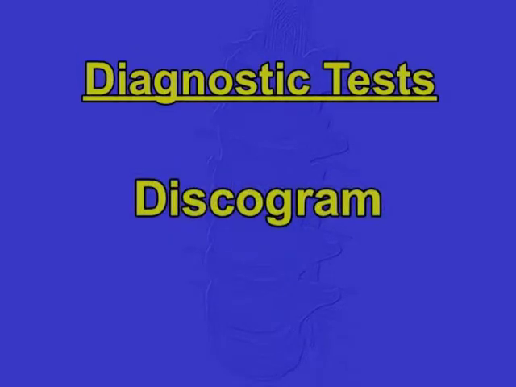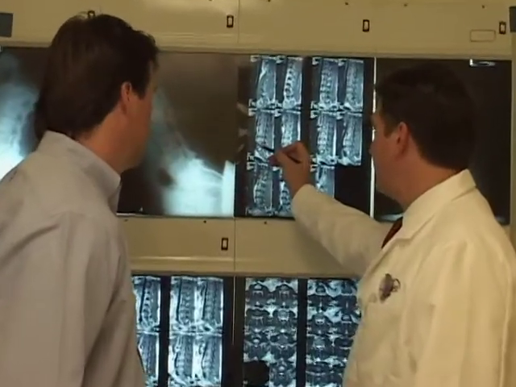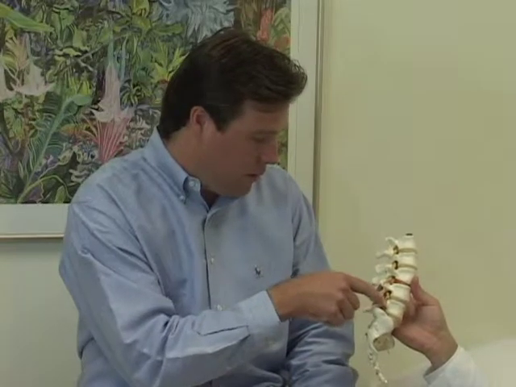A discogram places a special dye into a disc to help determine where your pain is coming from and analyzes the structure and integrity of the disc itself. One or any combination of these diagnostic tests, along with your physical exam, assists your doctor in accurately diagnosing your condition and in recommending the best course of action to be taken for your recovery.